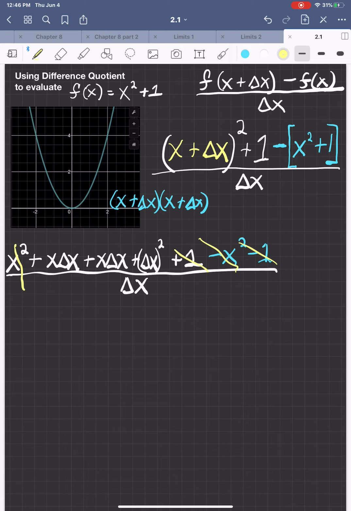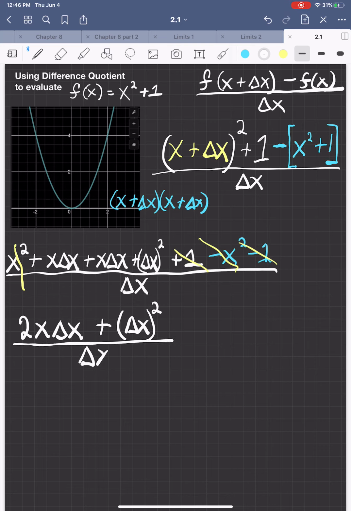And I'm going to rewrite this so it's not so sloppy, but if I have an x delta x, and then I add another one, I now have two of them. So I have 2x delta x. Let me write what's left. So I have 2x delta x plus a delta x squared all over a delta x.